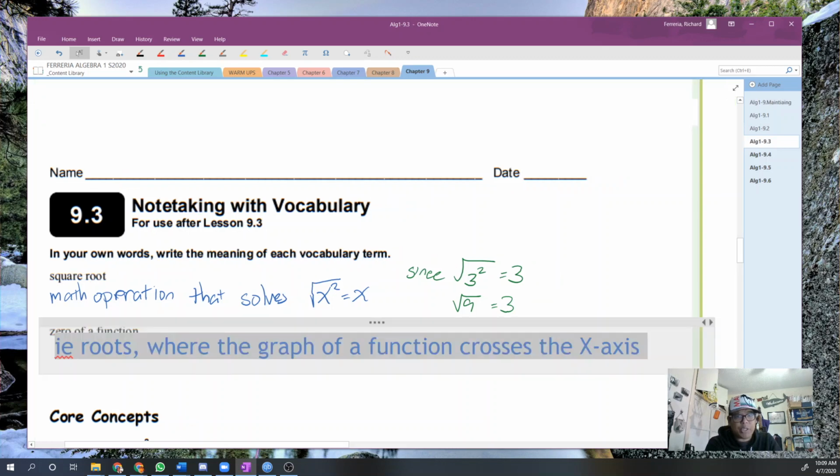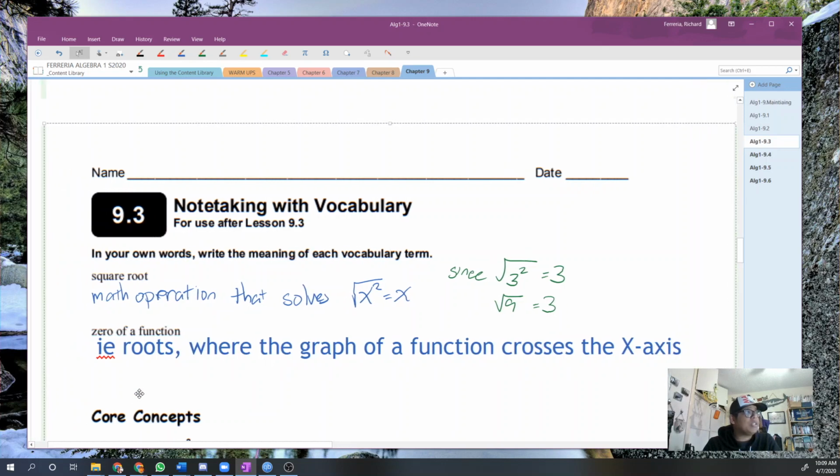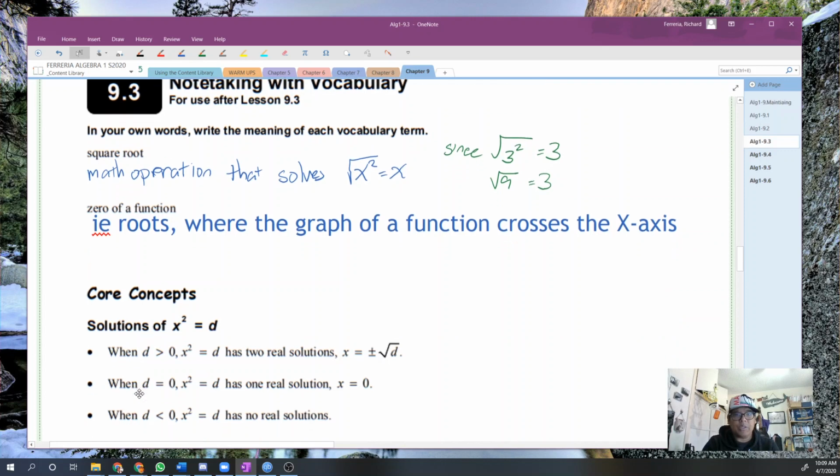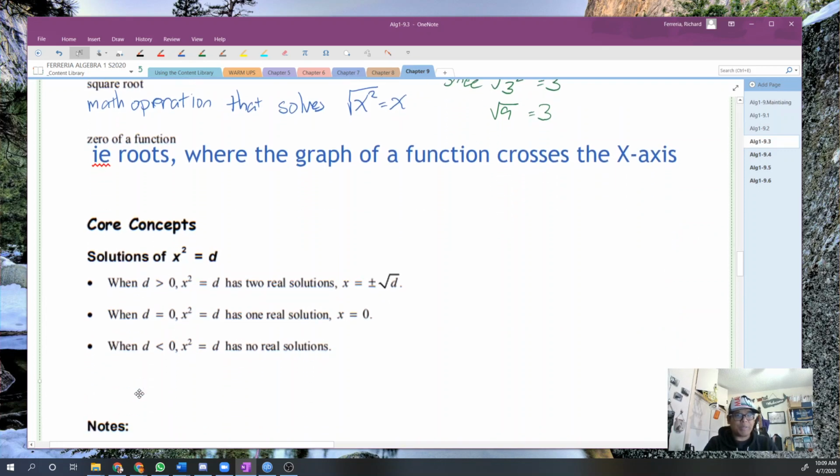The zero of the function, which we have met, I swear we've done this a few times already. The zero of the function, which we call the roots also, those are the places where a function crosses the x-axis. So here are some core concepts.